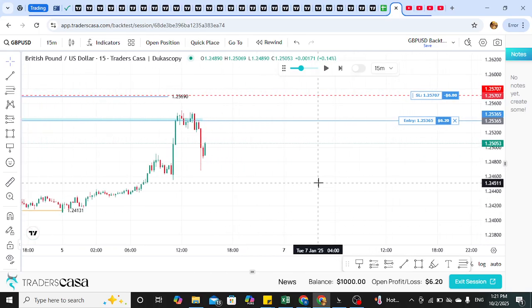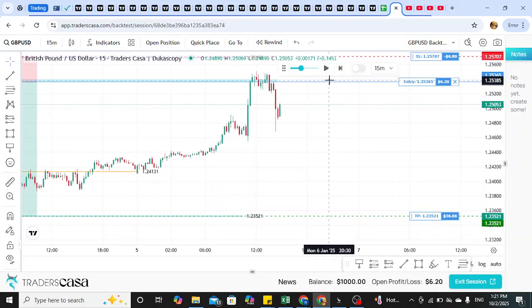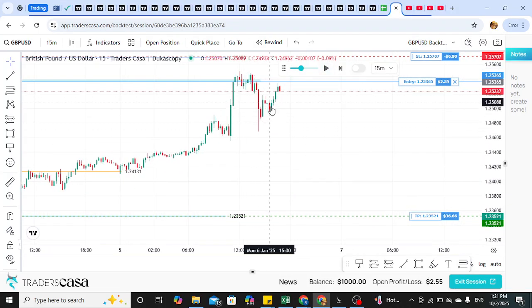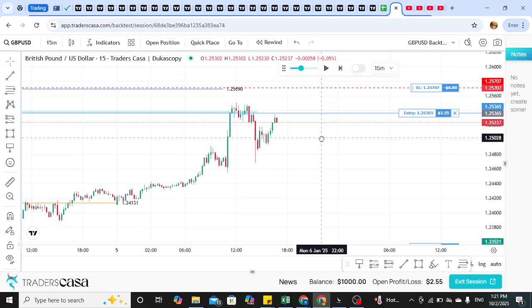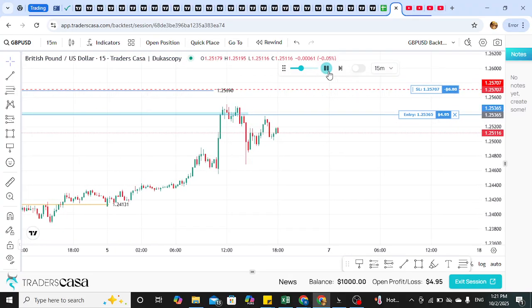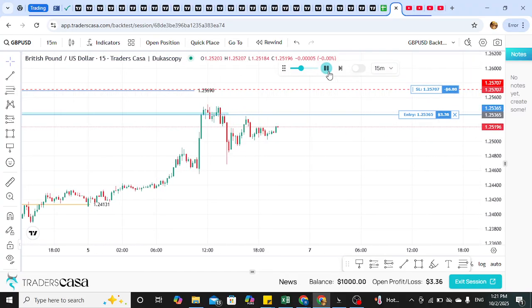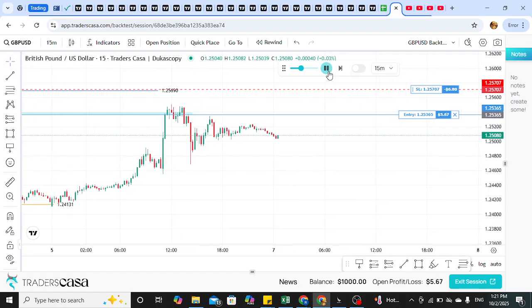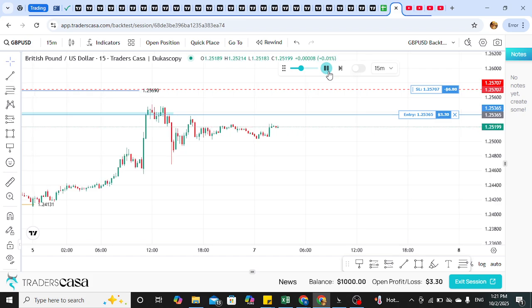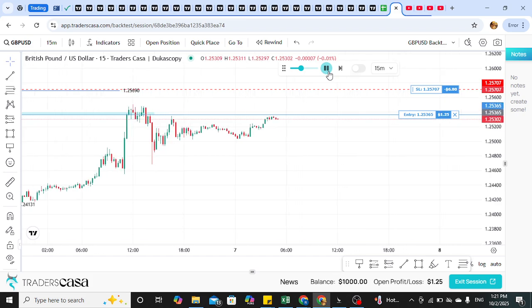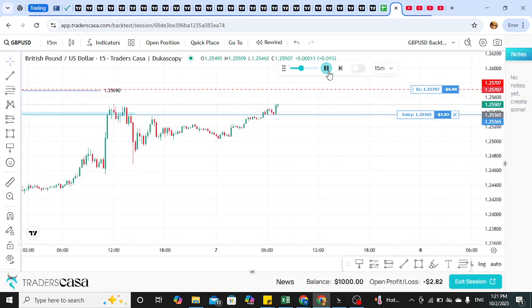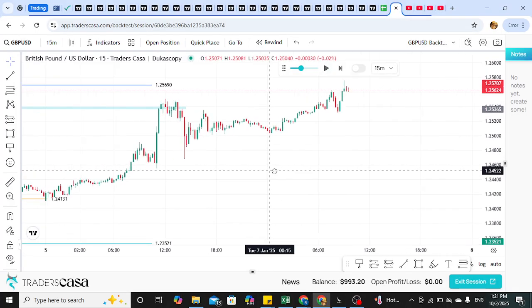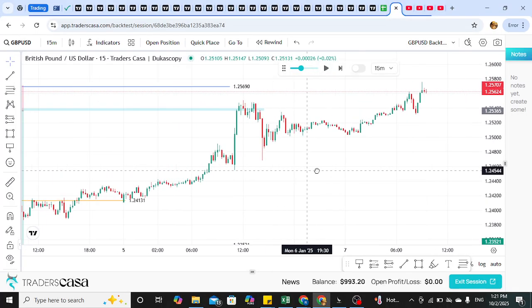Okay, a rejection zone happened here and it is going up. It's not breaking the lows. It is still dangerous, and it's approaching again. Okay, it lost. And this is how it goes.